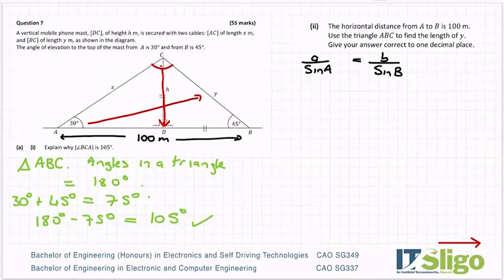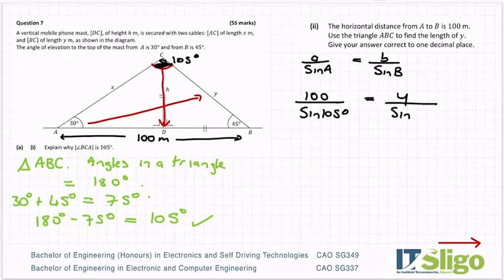So let's go 100 meters over sine 105 degrees, because up here is 105, is equal to y over sine 30 degrees. To explain, A over sine A is equal to B over sine B. That's where I got these 4 bits.